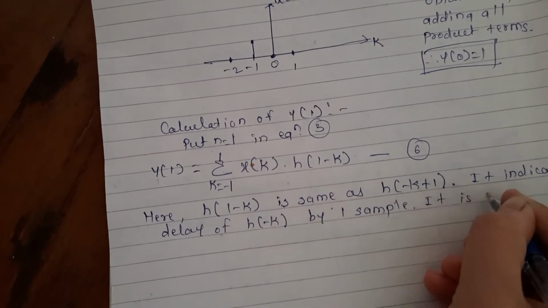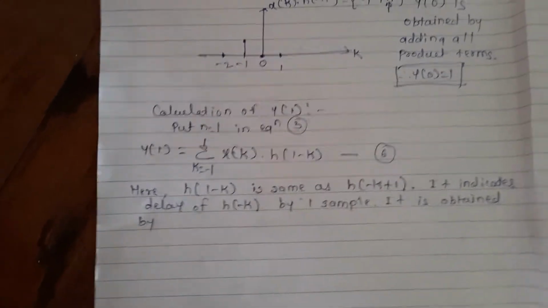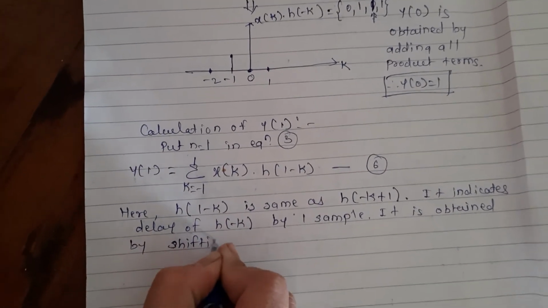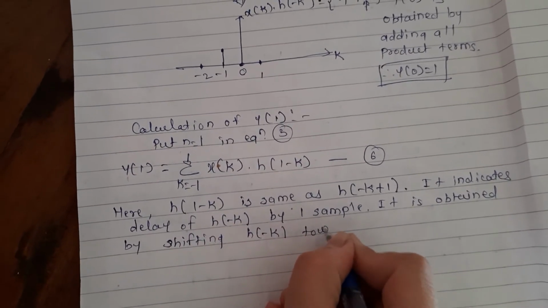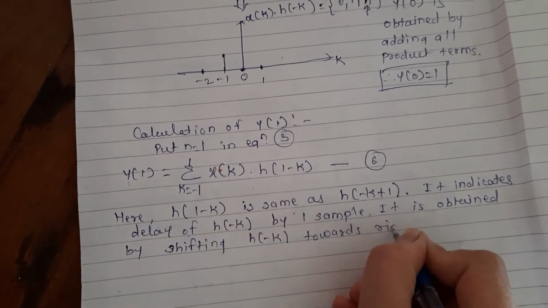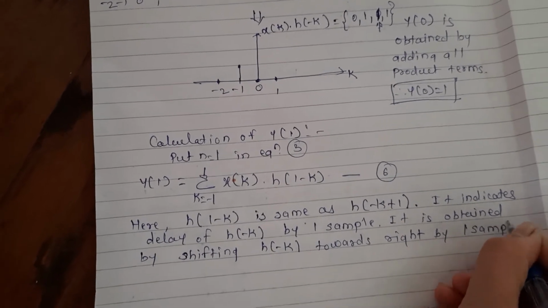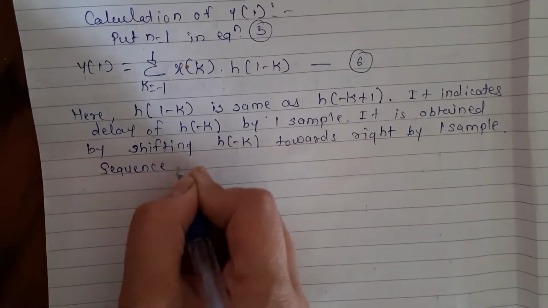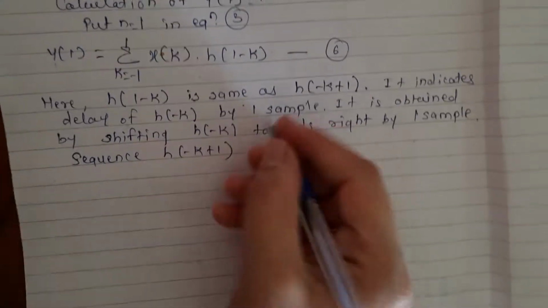It is obtained by shifting h of minus k towards right by one sample. So the sequence h of minus k plus 1 is shown in figure.